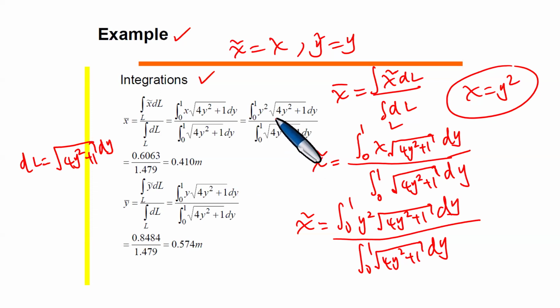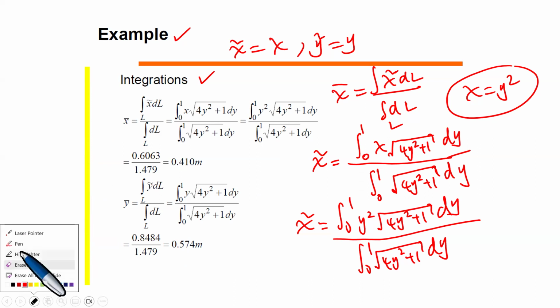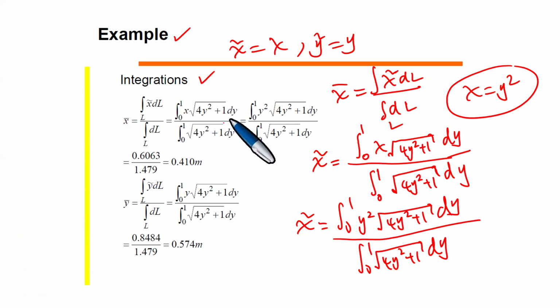For example, how can you do this? We can spend a little bit more time, just a split second. I want to make sure that this is made very clear. For example, how do you perform any of this? Let's perform maybe this one, the denominator.